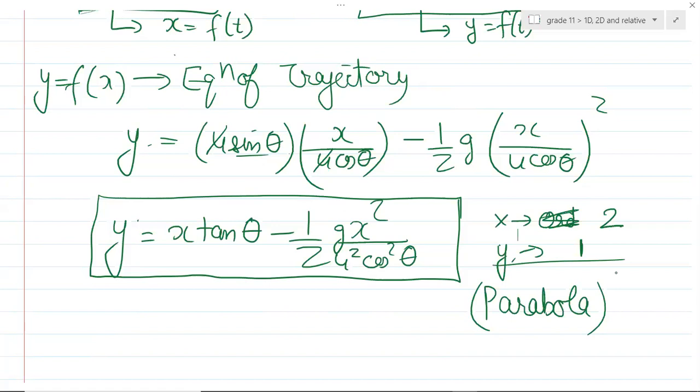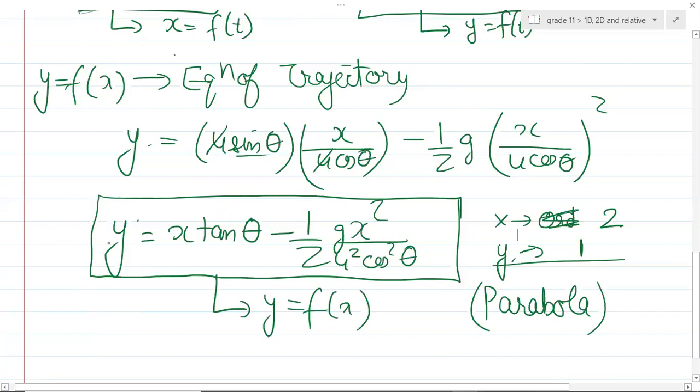Done with the equation of trajectory. Please remember, this is your y coordinate as a function of x coordinate, which is basically called the equation of trajectory. Any doubt till here? Generally, this derivation is asked a lot, so always remember this.